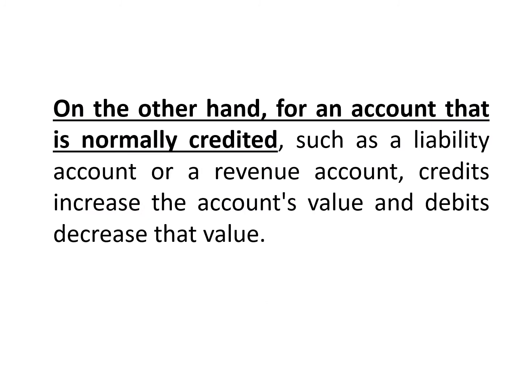On the other side of assets and expenses, we have liabilities and revenue. For a liability account or a revenue account, credit increases the account's value and debit decreases the account value. It's the opposite of assets and expenses accounts.